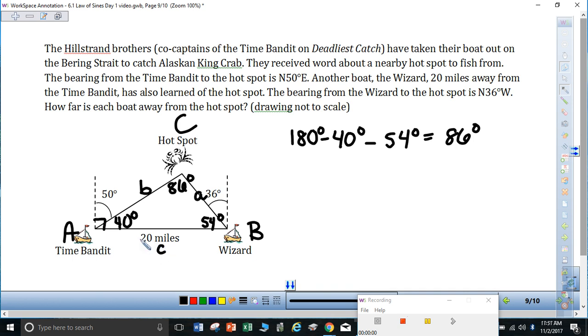So we know that side C is 20. We're trying to figure out the measure of side A and side B. So based on what we've done so far with a law of sines, we should be able to do this. So sine C over C, that's the given ratio. Let's find side A first.